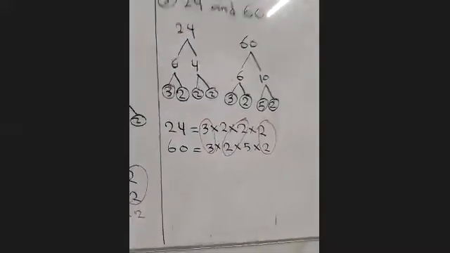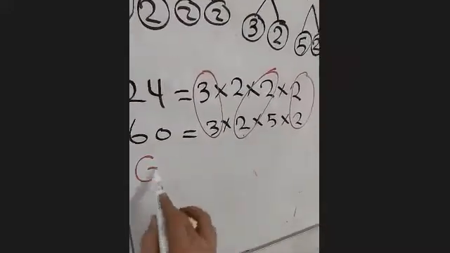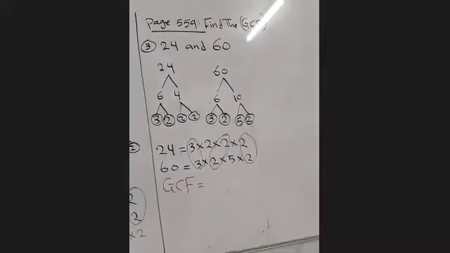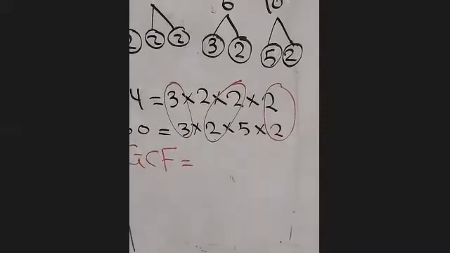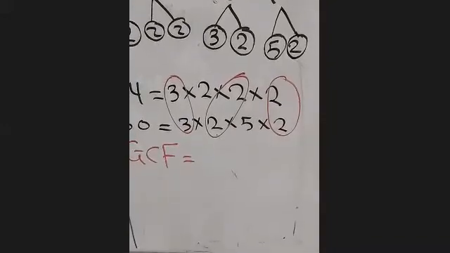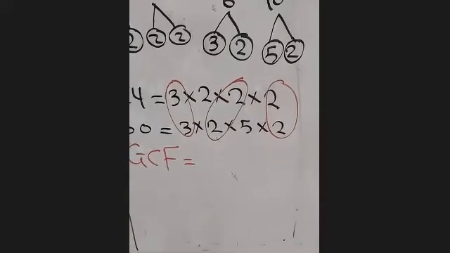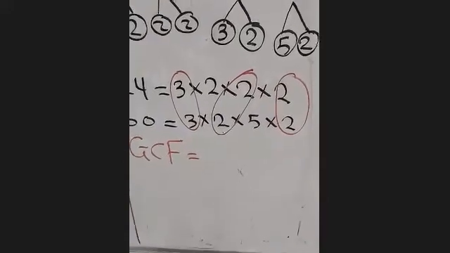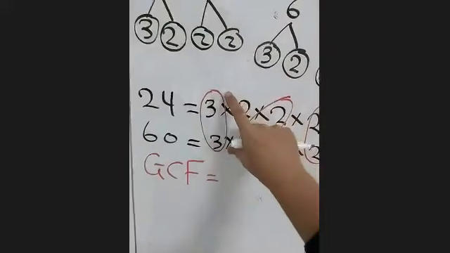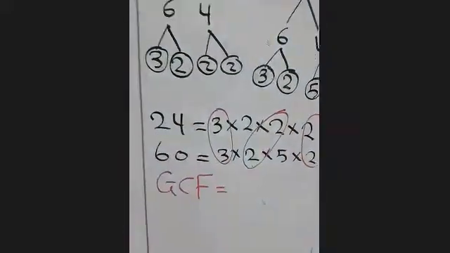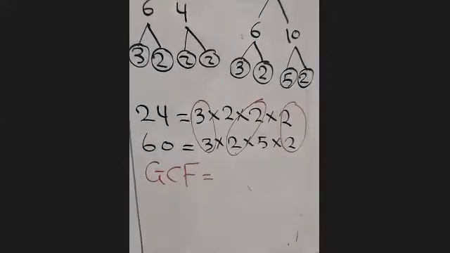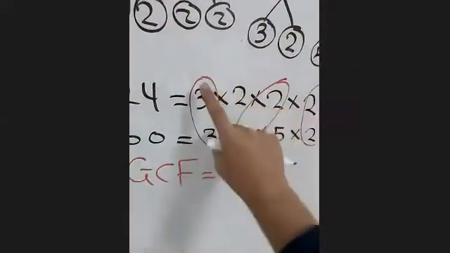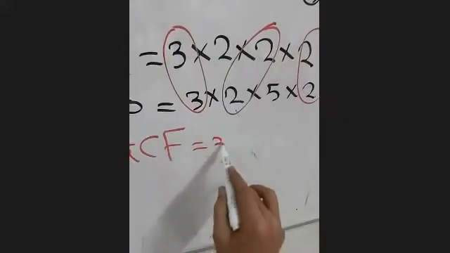Now, what does the greatest common factor equal? 3 times 3 times 2 times 2 times 2 times 2. No, it is wrong. From each common group, we take only one number. 3 times 2 times 2. Yes. From this group, we take one number, put a 3.